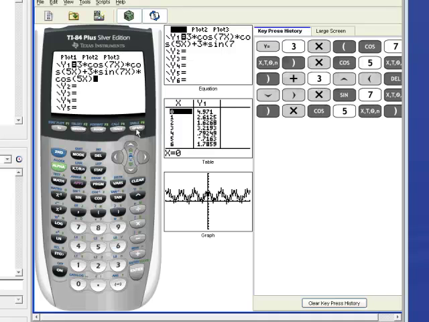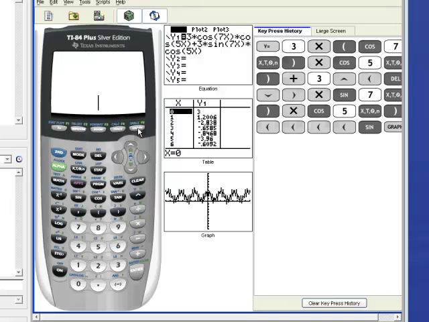Let's see. Cosine, cosine, sine, sine. Oh, there we go. There it is. That's a sine as well. Alright. Got it. Let's see what we come up with. Actually, we're just supposed to do that from 0 to 2 pi, so I'll fix that in just a moment.